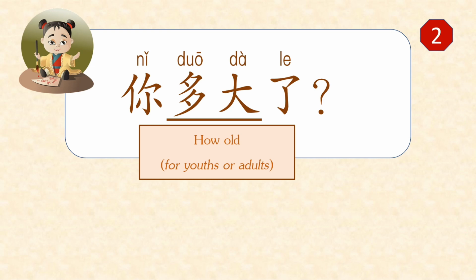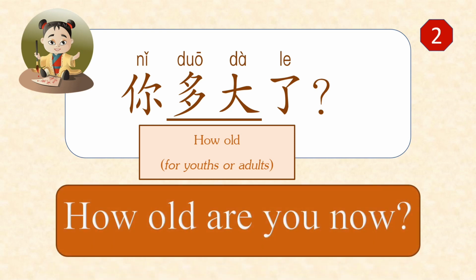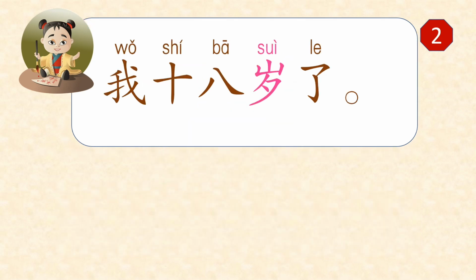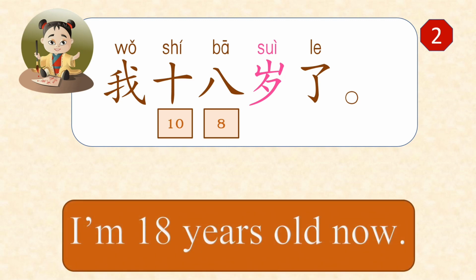Let's look at the response. 我18岁了. What is 18? 10 is number 10 and 8 is number 8. So 18 is 18. 我18岁了. I'm 18 years old now.